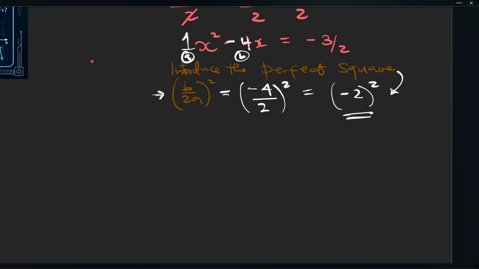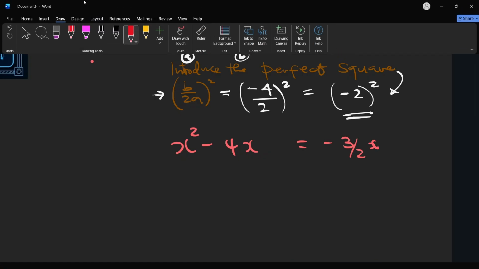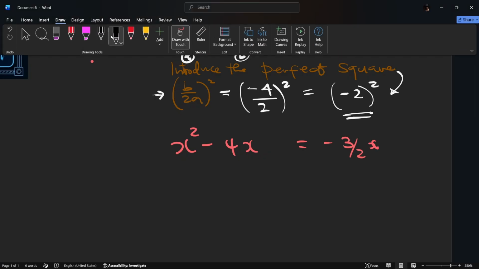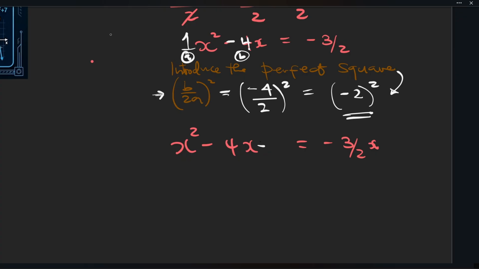The equation is x squared minus 4x is equal to negative 3 over 2. On the left hand side, I'm going to add negative 2 squared, and I'm going to do the same on the other side, negative 2 squared.